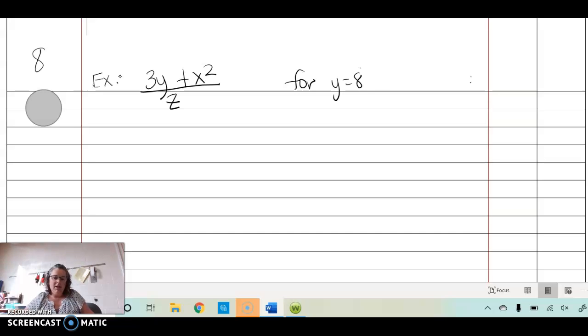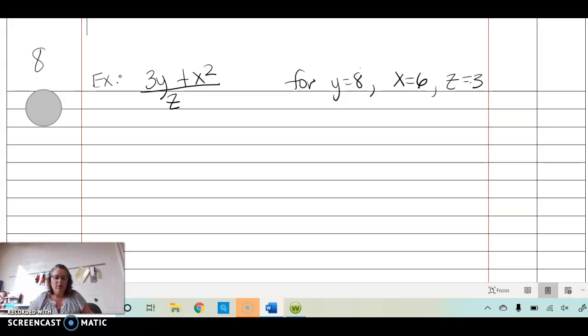Okay, so next example. If I were to give you 3y plus x squared all over z, again, we don't know what to do with this until we know what x, y, and z are. So I'm going to put y equals 8, x equals 6, and z equals 3.